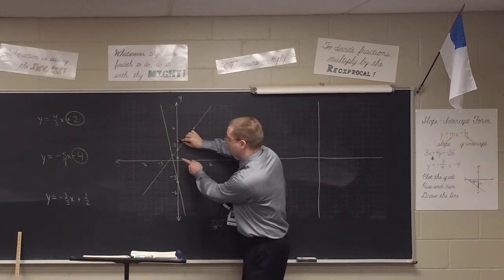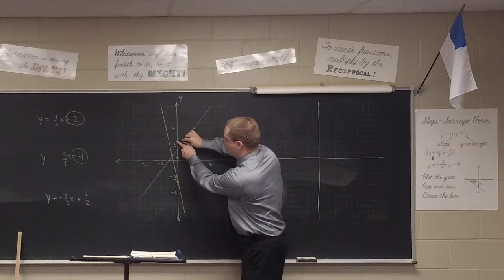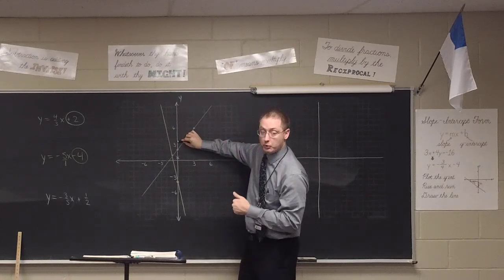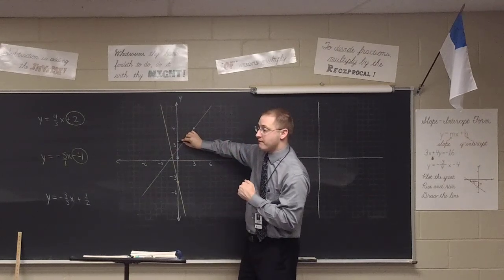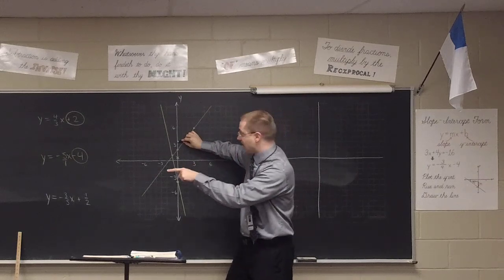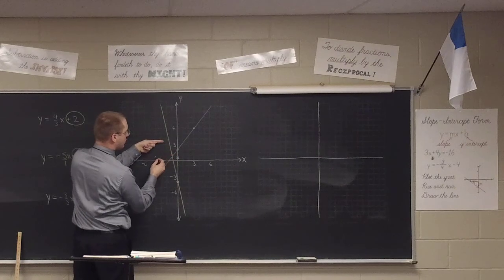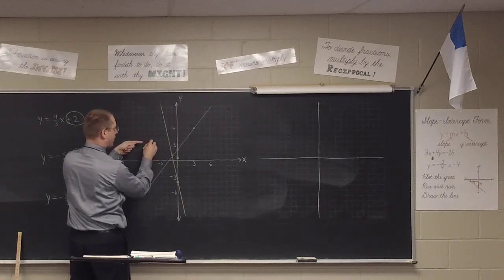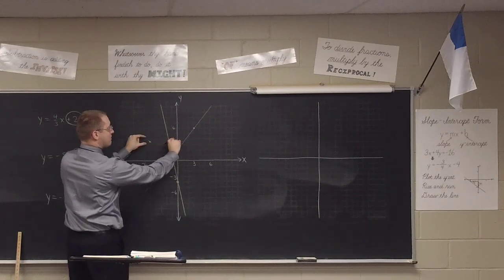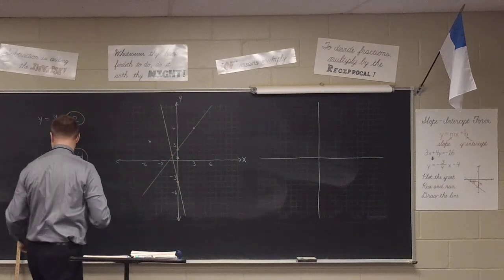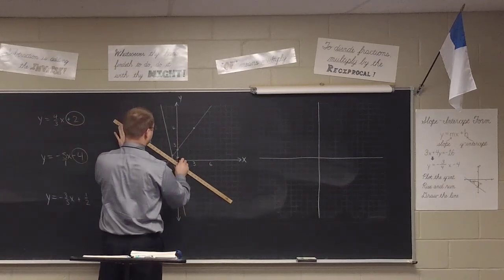So rise from wherever you are, 1, 2, 3. And then from here, class, we need to run 5 backward, right? Negative 5. So I'm right here. 1, 2, 3, 4. Do you notice that the 5 is still in between the 3 and the 4? And go ahead and connect those dots, and that's what we should have had here.